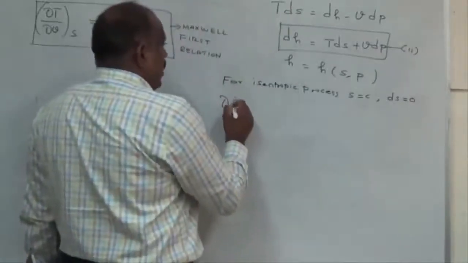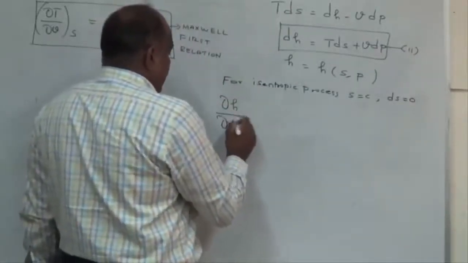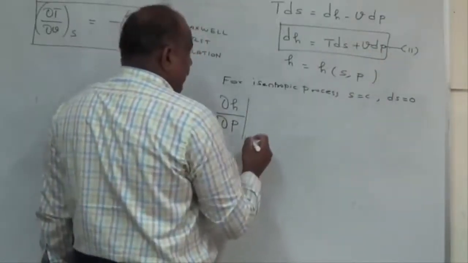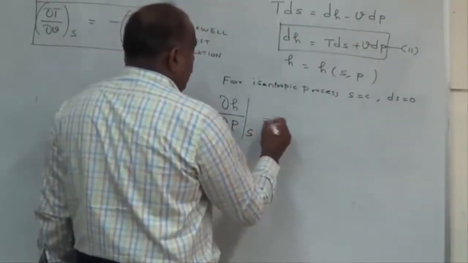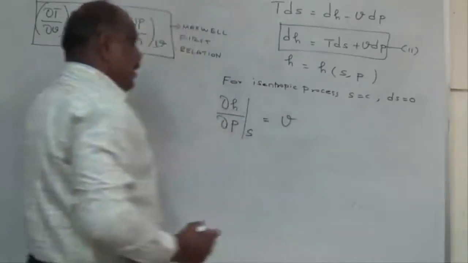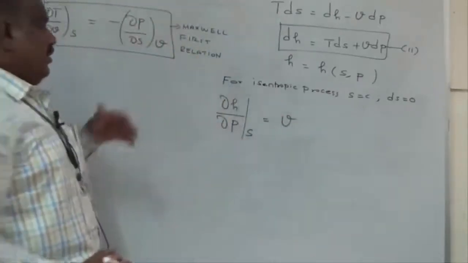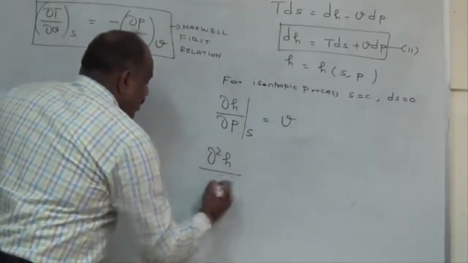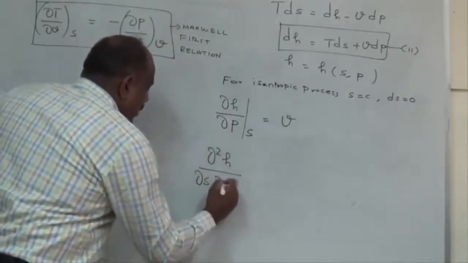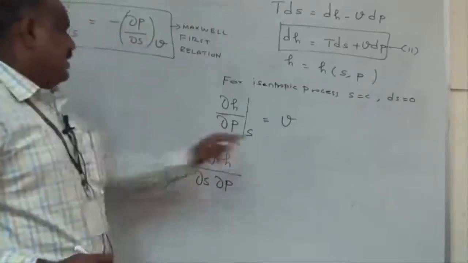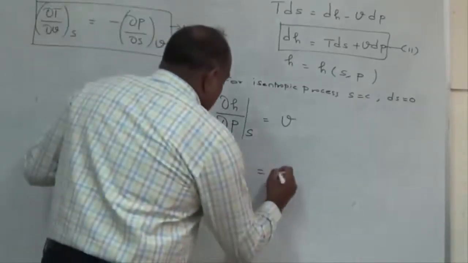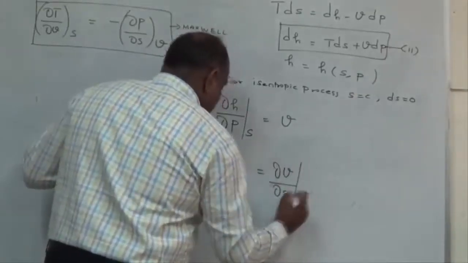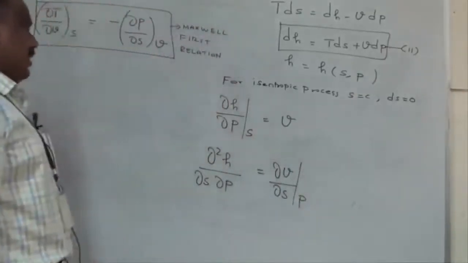So ∂H/∂P at constant entropy will be equal to V, because this term will become 0. So we are going to find the second derivative. The second derivative, ∂²H/∂S∂P, differentiating with respect to S, will be equal to ∂V/∂S at constant pressure.